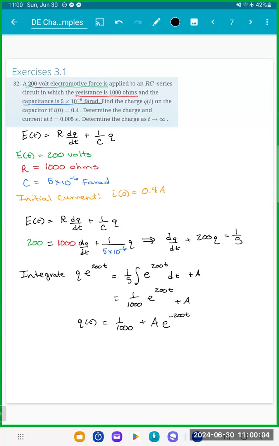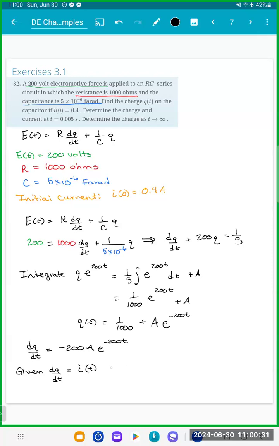Okay, so now we can differentiate with respect to t. And so when we do that, we get dq dt is equal to negative 200a times e to the negative 200t. We were given, right? We were given that dq dt is equal to our initial, right?